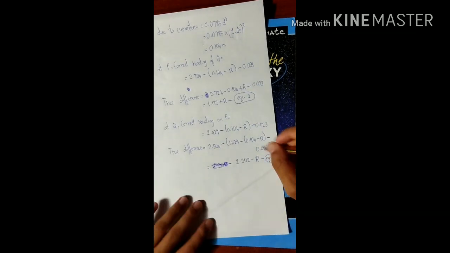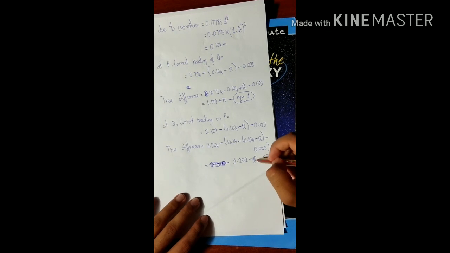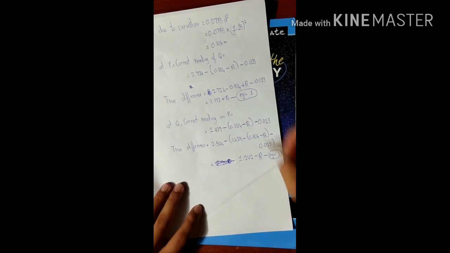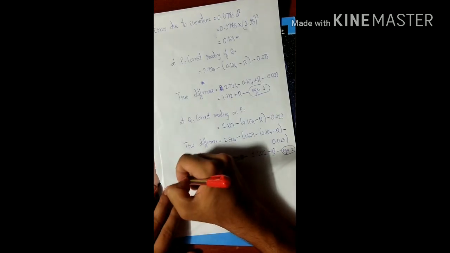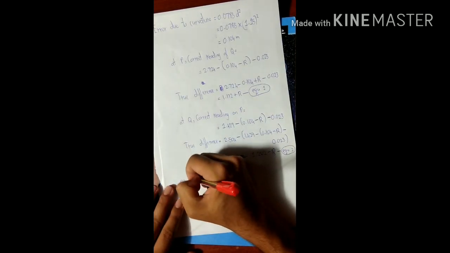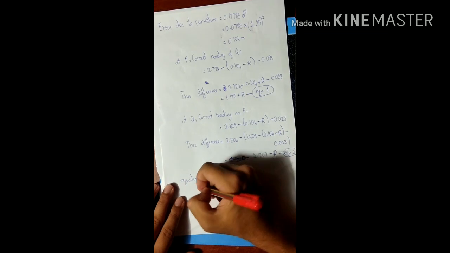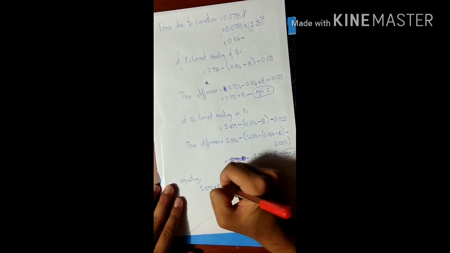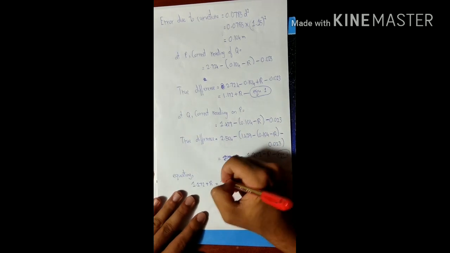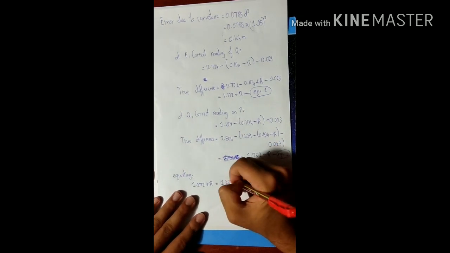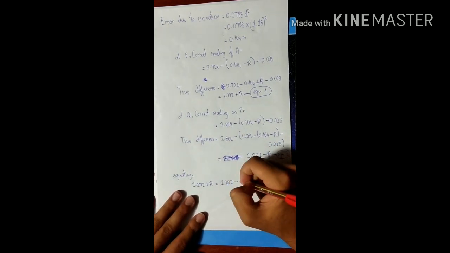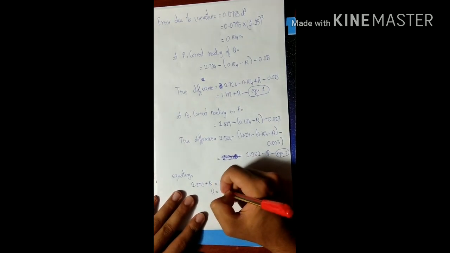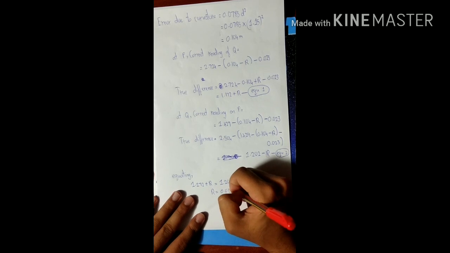Now we have to find R, that is the error correction due to refraction. We have to equate equation 1 with equation 2. Equation 1 is 1.172 plus R, and equation 2 is 1.202 minus R. So R will be 0.015 meters.